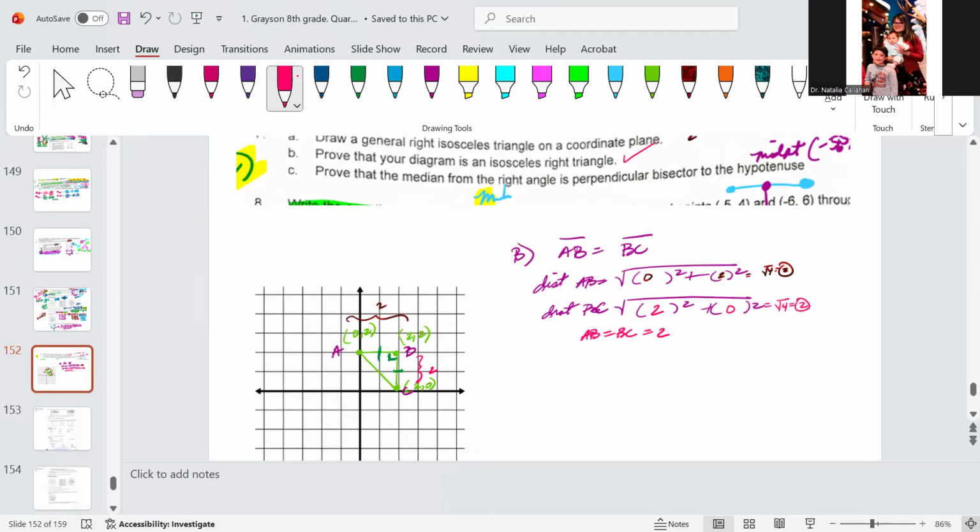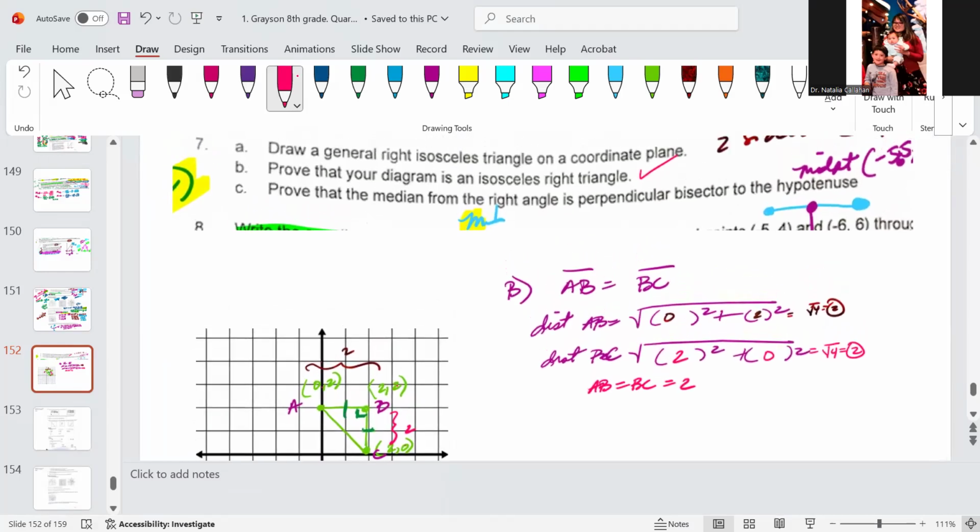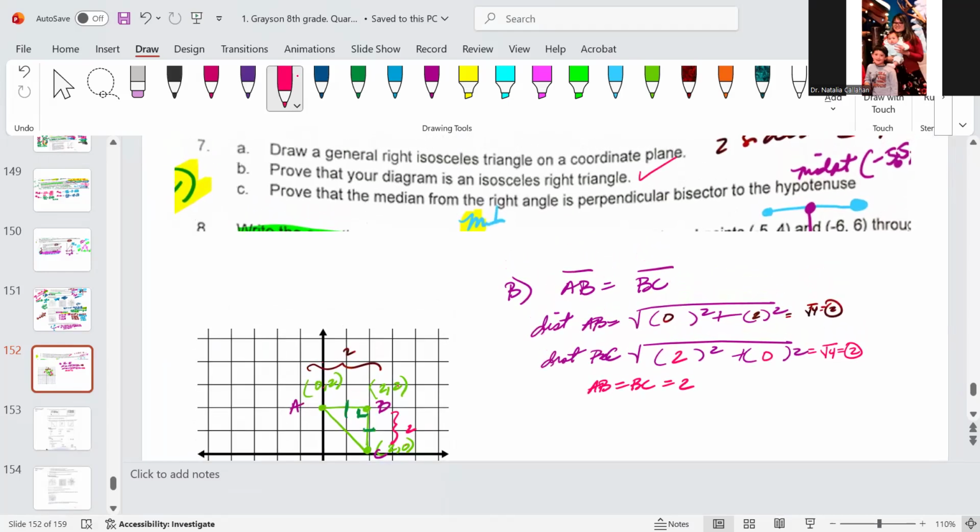All right. Now if you need to prove that it is a right triangle, we technically need to prove that the slope of AB is perpendicular to the slope of BC, okay? The slope of AB is perpendicular to the slope of BC to prove that this is a right triangle. Does that make sense?